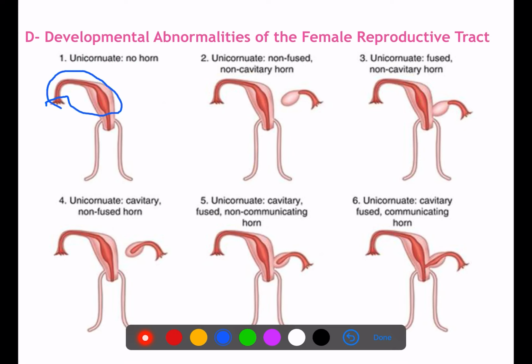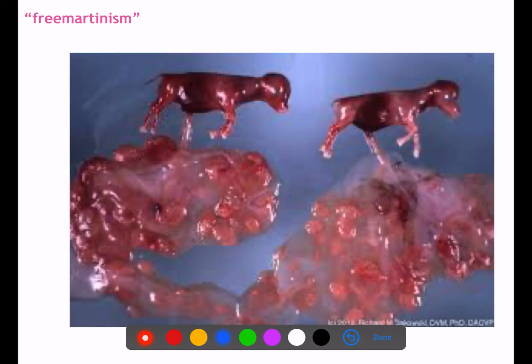The uterus has one horn, or non-fused horns, or fused horns but not connected to the cavity, and other abnormalities not important in veterinary medicine. In veterinary medicine we have anomalies much more common and much more important, and it is freemartinism.